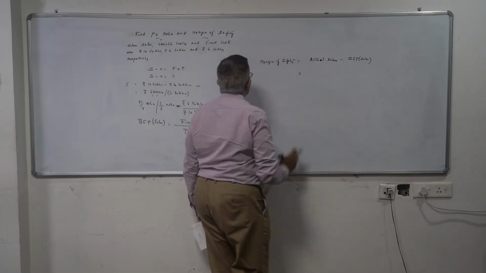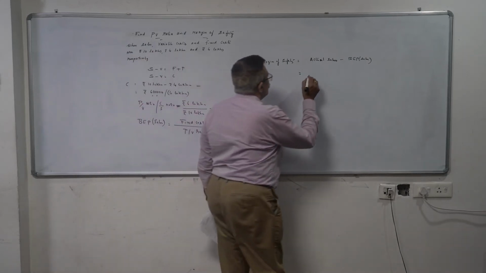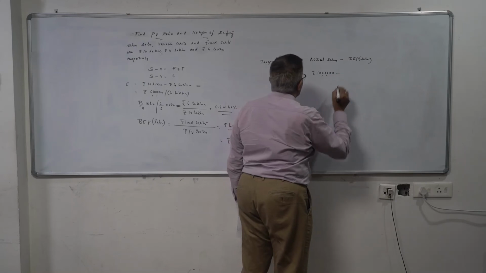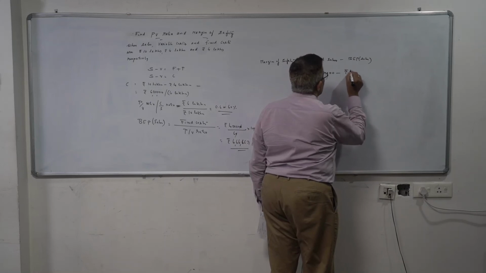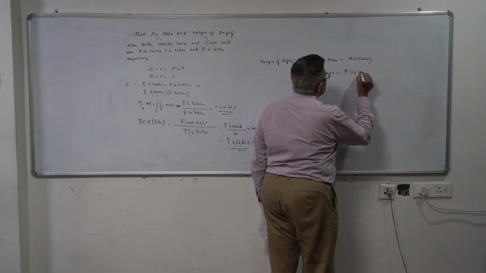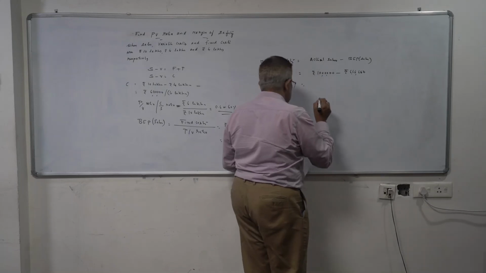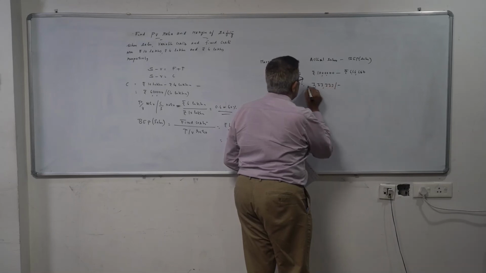Now, the actual sales were given as 10 lakhs rupees. And break-even sales, we got it as rupees 6,66,667. So which works out to 3,33,333 rupees.